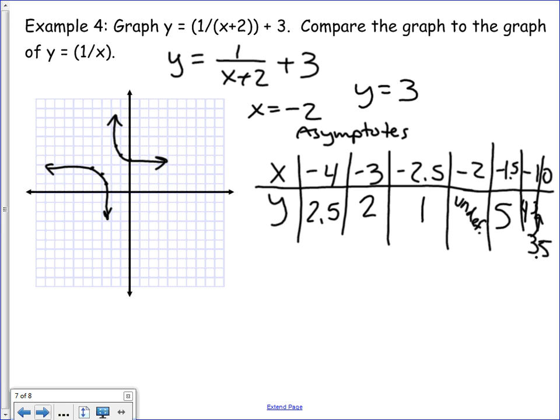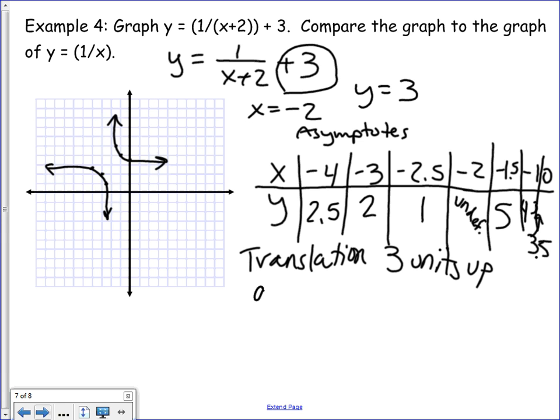Okay, now we have to describe how that's changed from the graph of y equals 1 over x. Well, what has happened, very similar to when we're dealing with absolute value graphs or even square root graphs, is a translation 3 units up, because of this plus 3, and 2 units left.